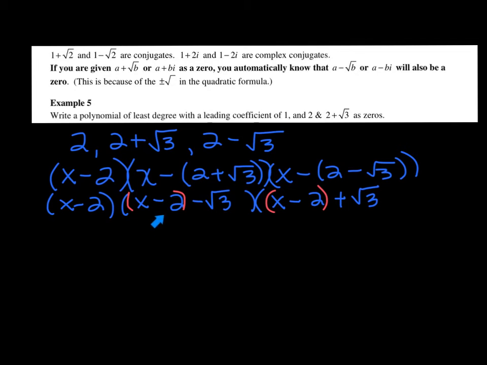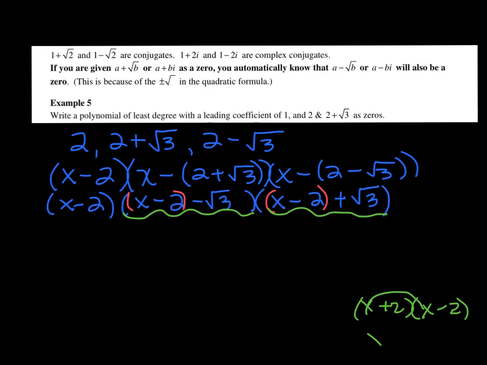So I have a binomial minus radical 3, and I have a binomial plus radical 3. What have I created? I have created conjugates. And we know when we're multiplying conjugates, like x plus 2 and x minus 2, I only have to multiply the first and the last, because the outside and the inside will cancel each other out.